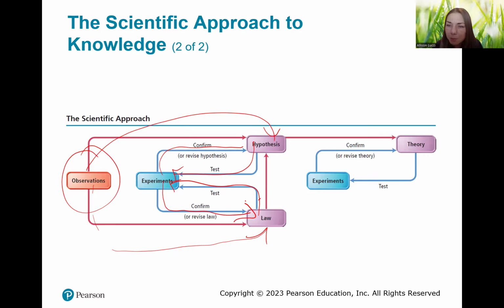Really, laws to be revised, usually they're kind of set in stone at this point, but it can be possible. Laws of gravitation can be rewritten in the sense that Einstein has a theory of special relativity versus Newtonian mechanics.